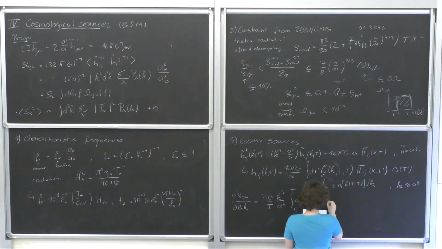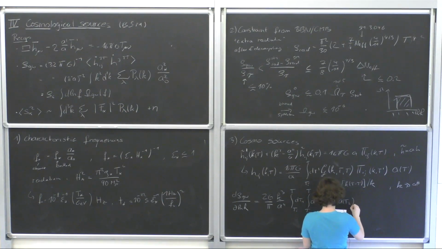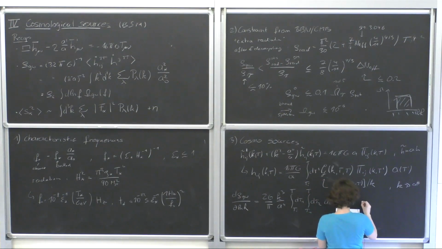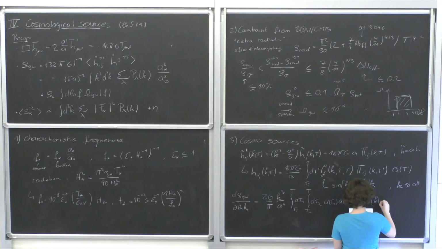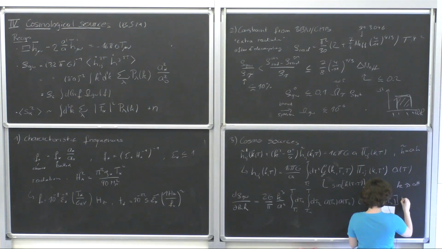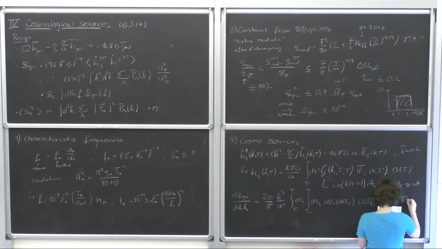We have the scale factor, a of tau 1, a of tau 2. We have the cosine, because we've taken a derivative. And then we have what is called the unequal time correlator. Let me just give it a name, k, tau 1, tau 2.